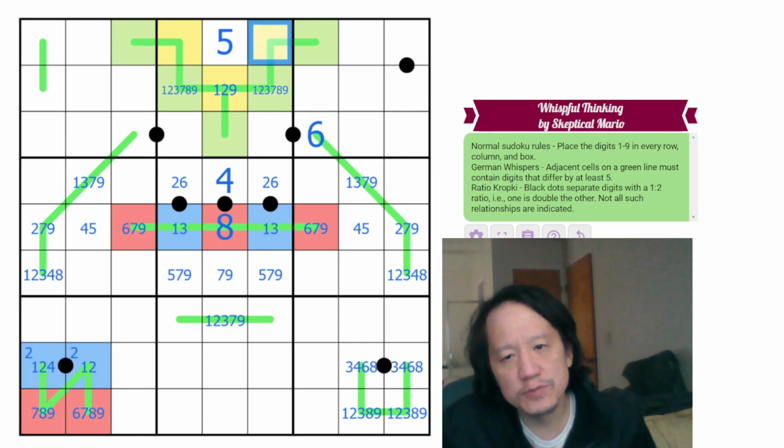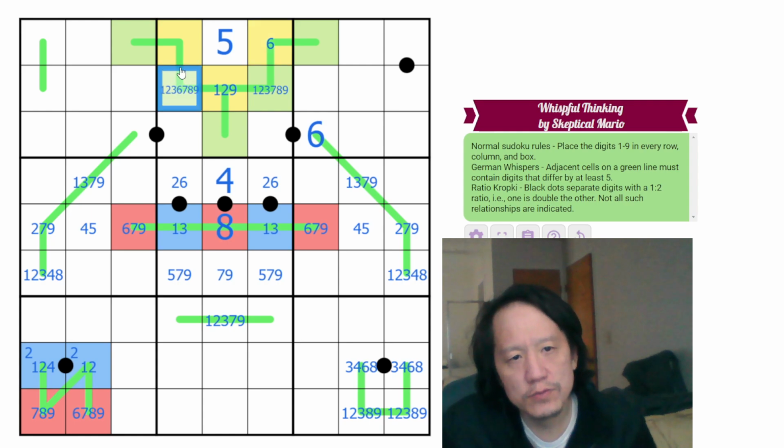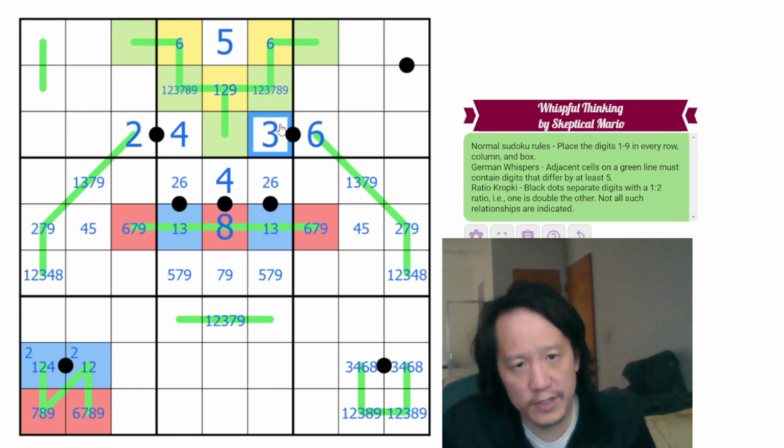That means the 6 would have to be one of these two. And therefore the 4 would have to be one of these. Therefore this would be 4. This would be with 2 and 8. It cannot be with 8. It would have to be 2 here then. This would be 3.